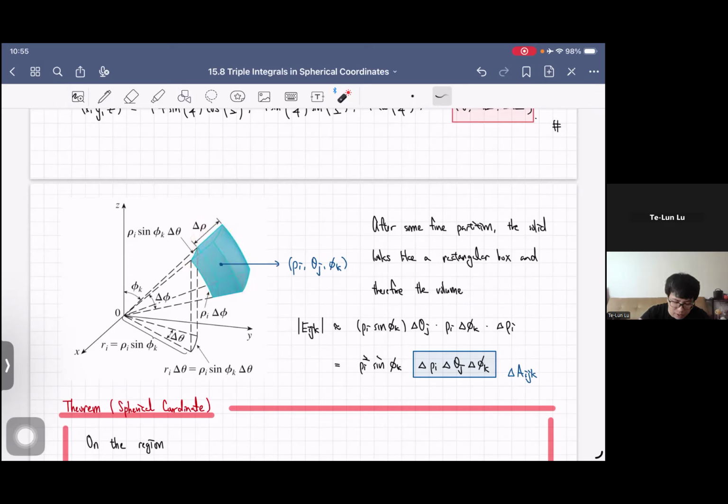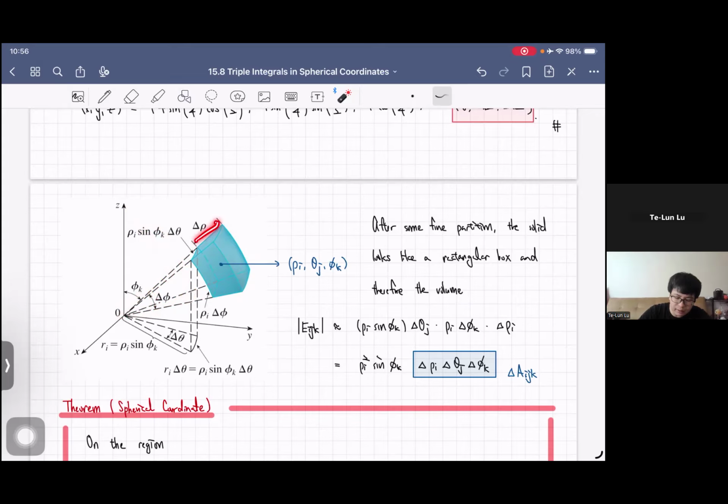This is a very nice graph, which I basically copied from the textbook. You can see that connecting every point to the origin gives you an angle, the difference between phi1 and phi2, right? So that is delta phi.